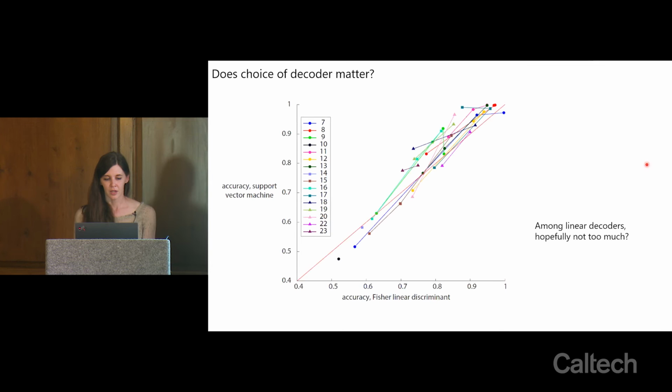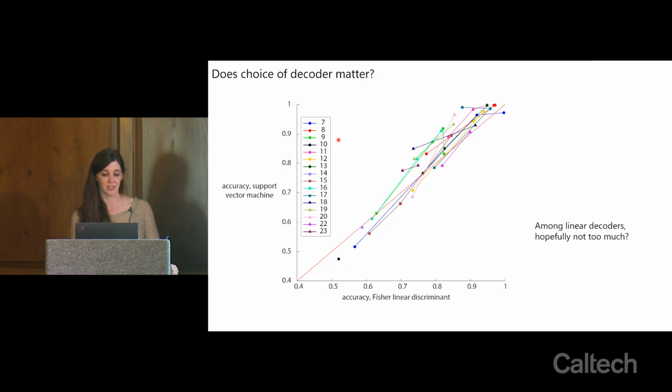As for choice of decoders, I've looked at this a little bit on hypothalamic imaging data sets. I just tried a comparison of Fisher linear discriminant analysis versus support vector machines. And there's not a ton of difference. You maybe get a little bit better performance for one versus another, but the trend across animals is the same.